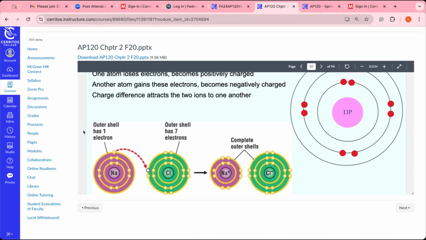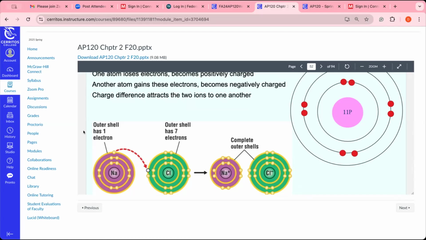This outer shell is missing an electron. This outer shell only has 1 electron. If I got rid of it, it could have 2 shells that were full. So the sodium is going to give up its electron. That means it's going to become positively charged, and it's only going to need 2 shells instead of 3.